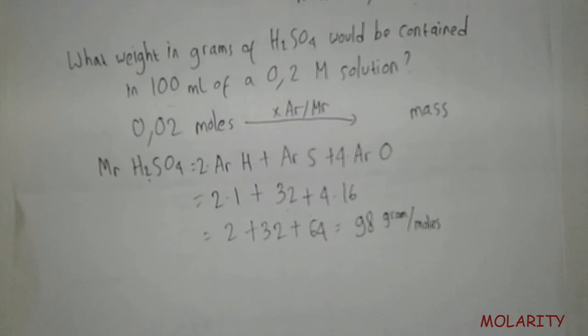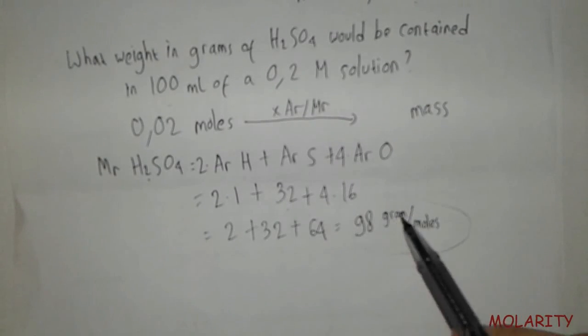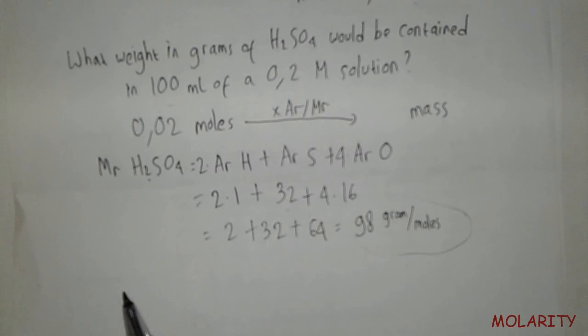I hope you really know about units. So the molecular relative mass of sulfuric acid is 98 grams per mole.